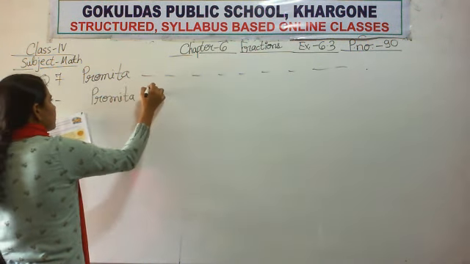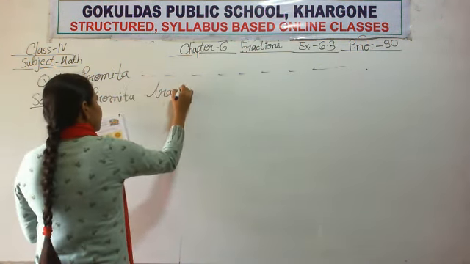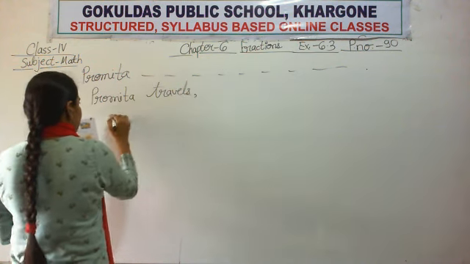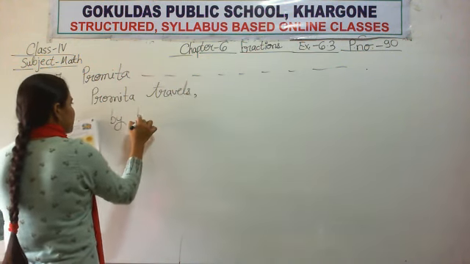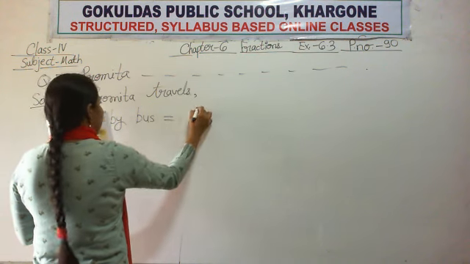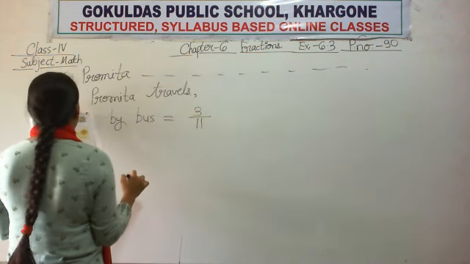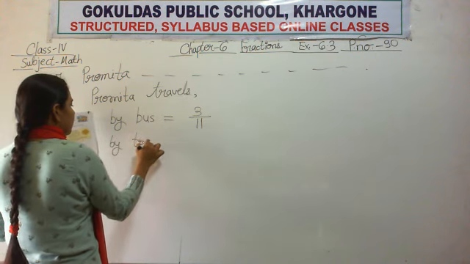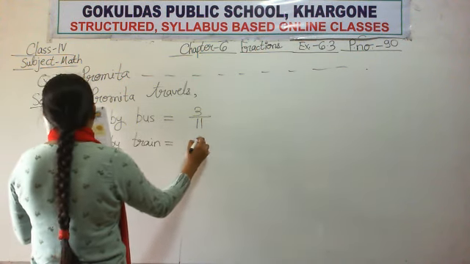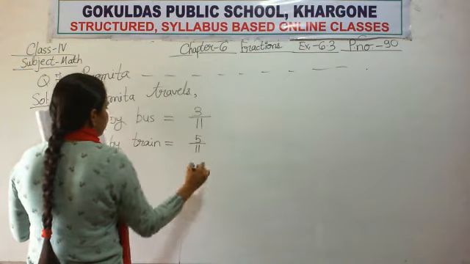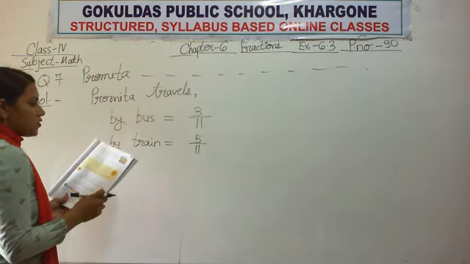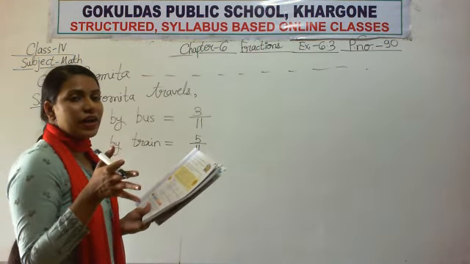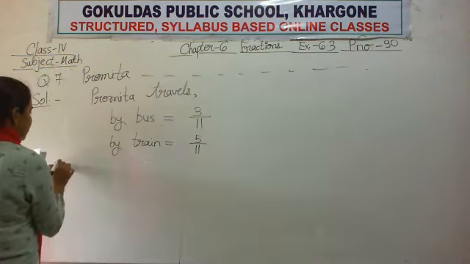So Promita travels by bus 3 upon 11, and by train she travels 5 upon 11 distance. Okay. So how much distance did she cover by both the transportation?